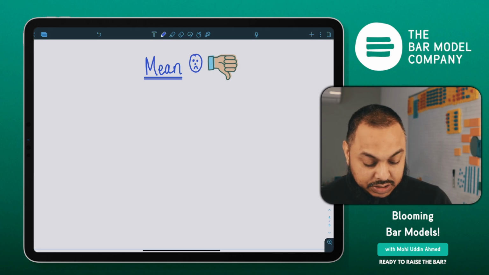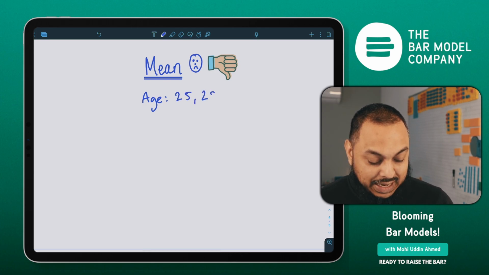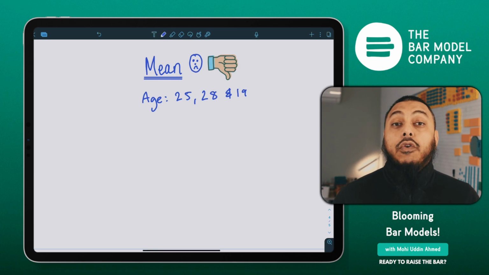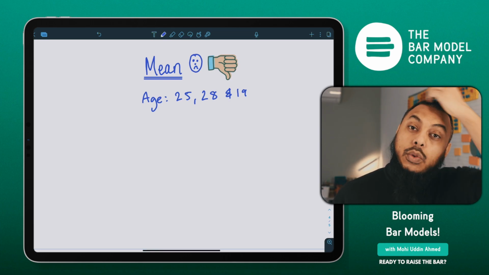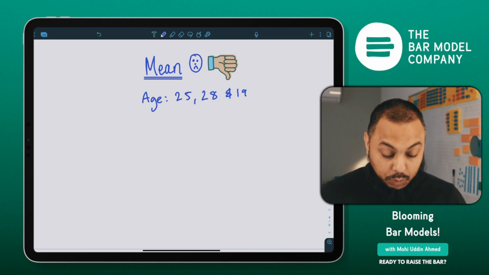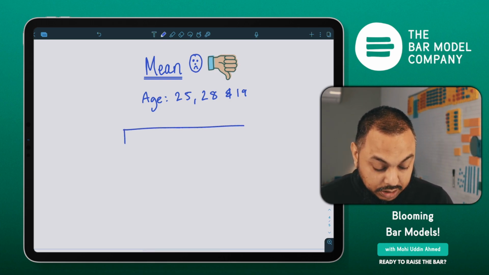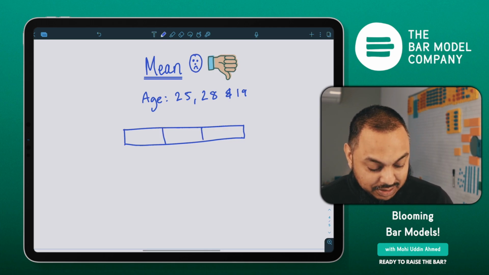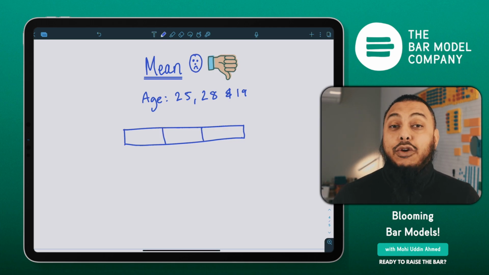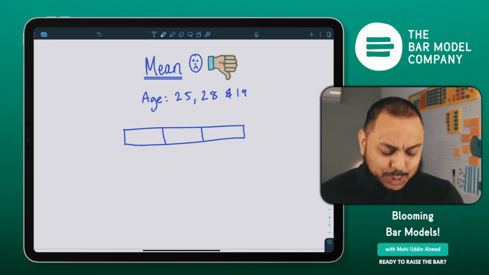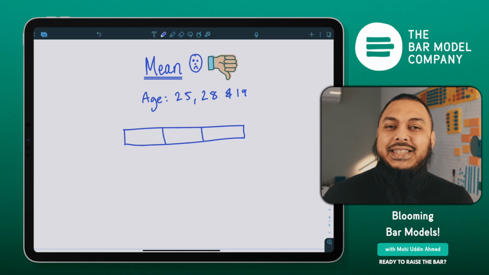We have three ages, right? Three aged people. So we've got 25, 28 and 19, and we need to calculate the mean of these three. Now, one way we can think about it is using the bar model approach and ask the children, well, if we could share equally the ages of these three people, because it's not fair, someone's only 19, someone's 28, one's older, one's younger.